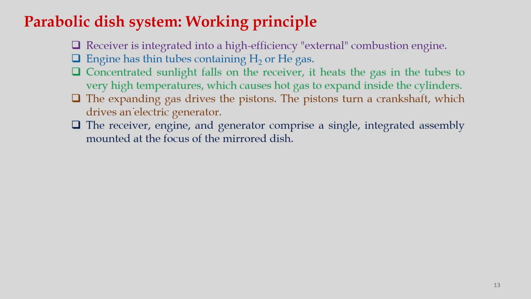Okay. This expanding gas drives the piston and then the piston turns a crankshaft which drives an electric generator. Okay. The receiver, engine and generator comprise a single integrated assembly mounted at the focus of the mirror dish, right.